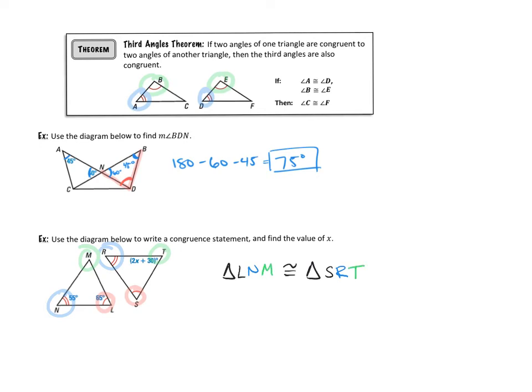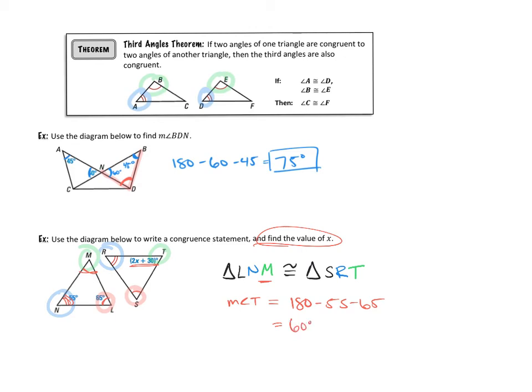So we now have a congruence statement, and we have to find the value of x. x appears at angle T and nowhere else. So we know the measure of angle T is going to equal the measure of its corresponding angle, which is M, which we also don't know, but we do know that that equals 180 minus 55 minus 65, because that's what's left over when I've accounted for N and L. So in this case, the measure of angle T equals 60 degrees.